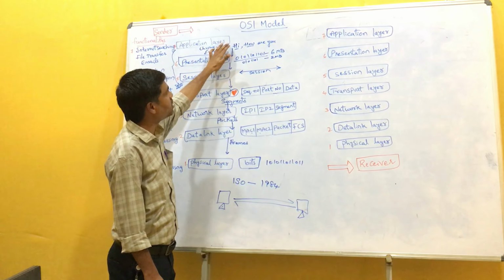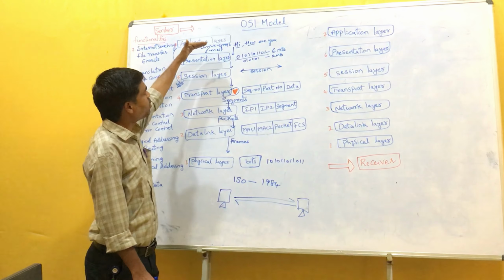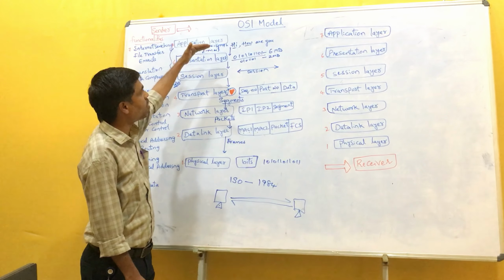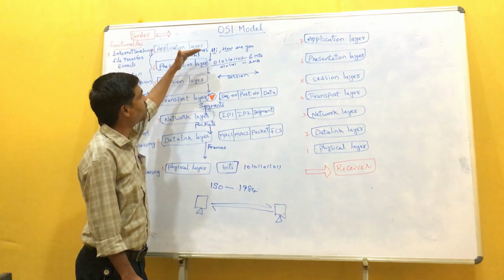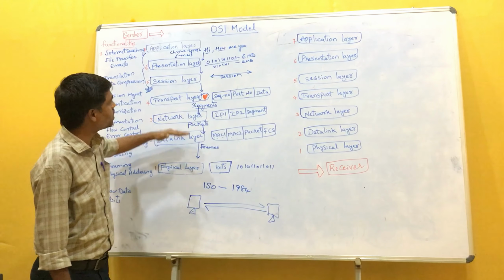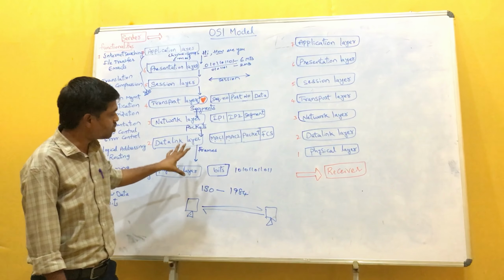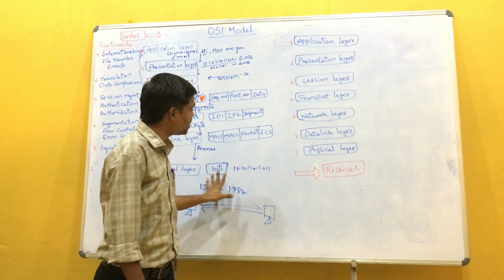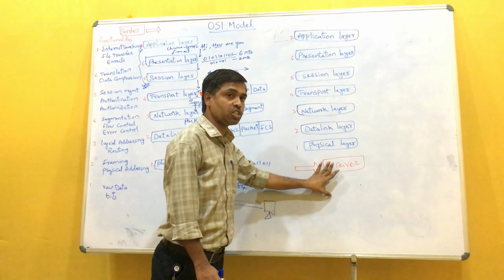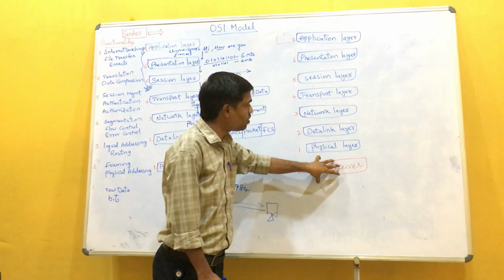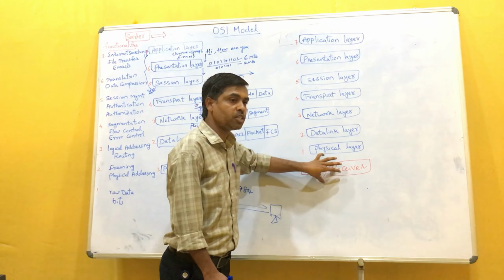So this particular message, by passing through all 7 layers, is delivered from one layer to another layer through different functionalities, and finally reaches the receiver successfully. Now the receiver wants to send a message to the sender.